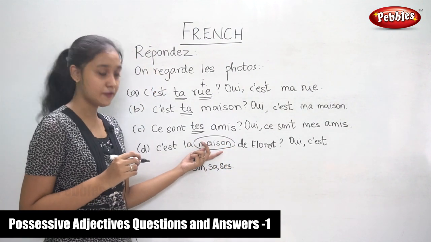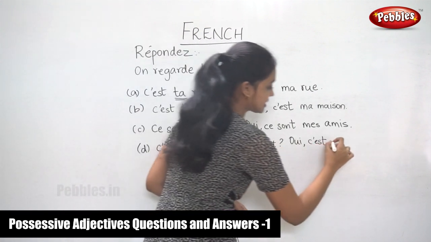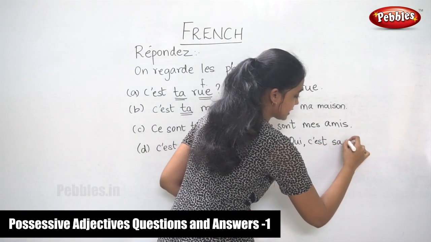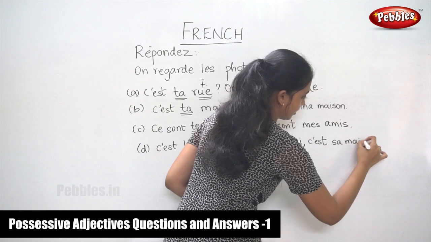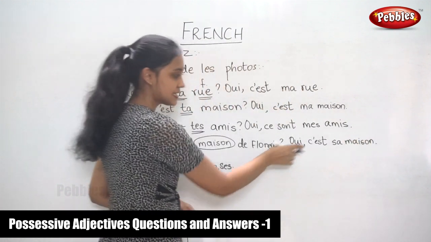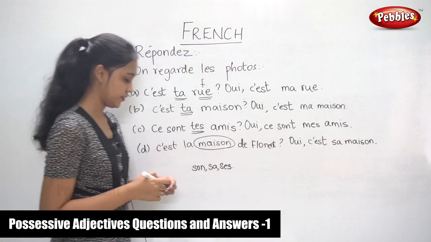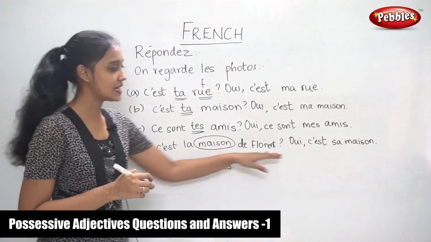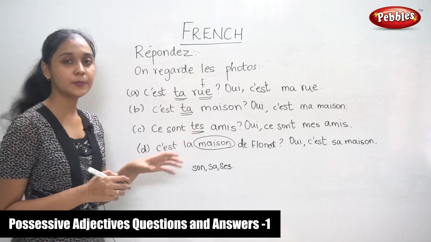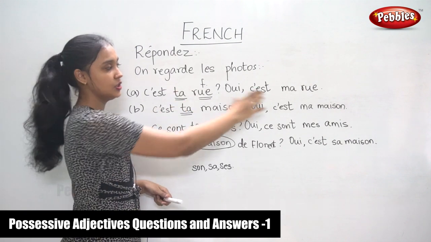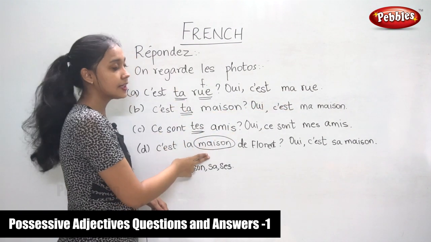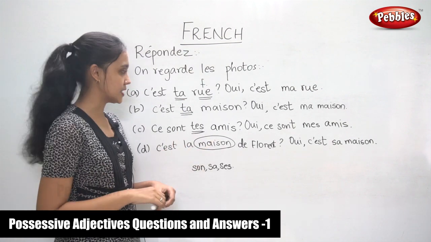Maison is feminine. So, c'est sa maison. Yes, it is his or her house. So, this is how we answer the questions. Very simple. If it is second person, you change it to first person. Third person remains third person.